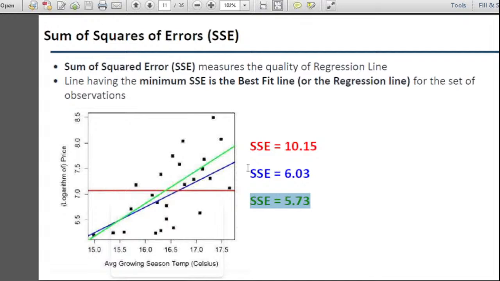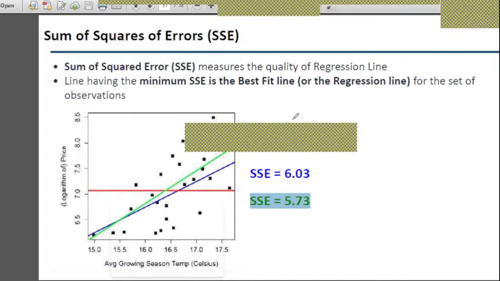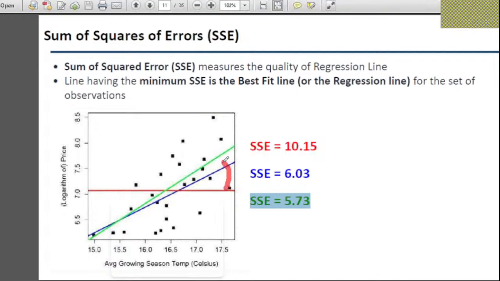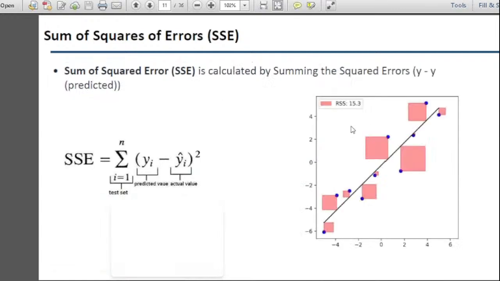Now if I go on the other side of this line, my errors are going to start increasing. This is the least value of SSE that I can get, and this is the error that will be given by my regression equation. Okay, right? So SSE.